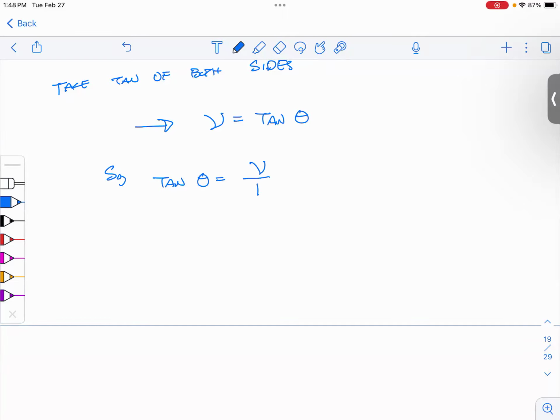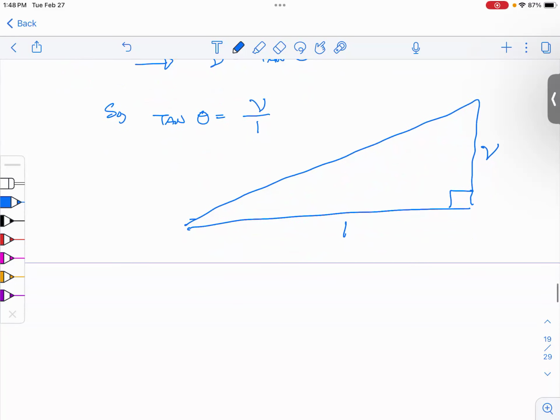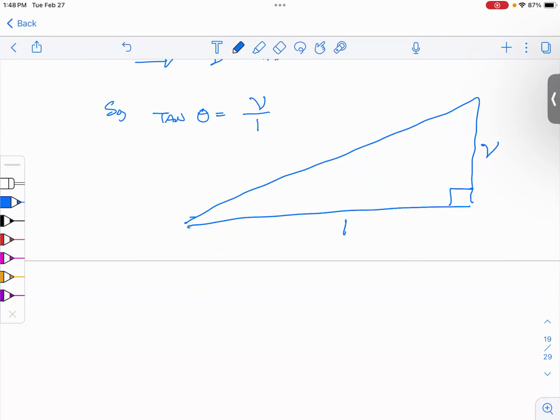Specifically, what shape? A triangle. That means I can draw my triangle, opposite over adjacent. And then what wonderful geometric theorem do we know to solve for the missing side? Pythagorean theorem.